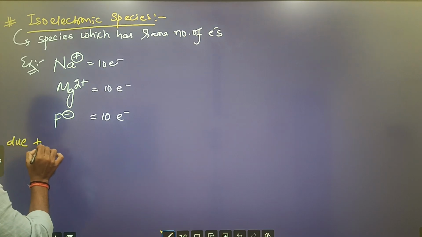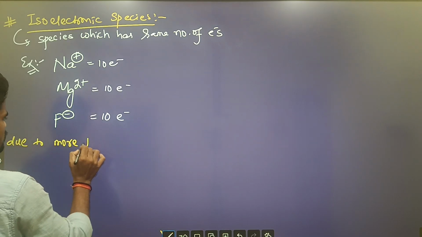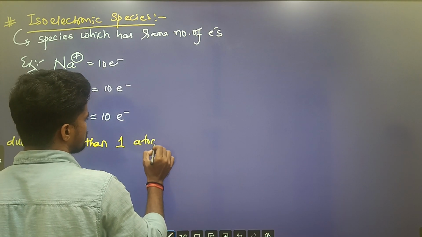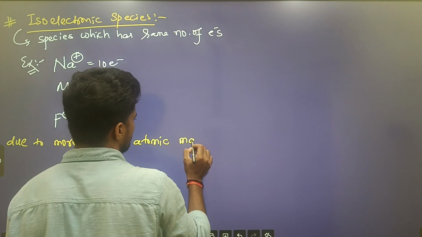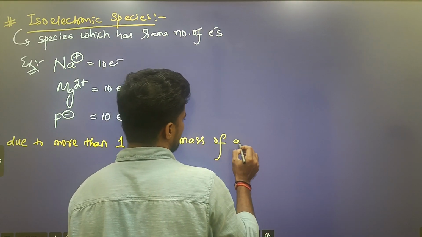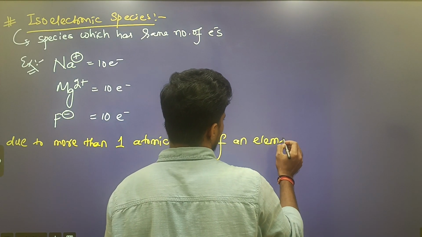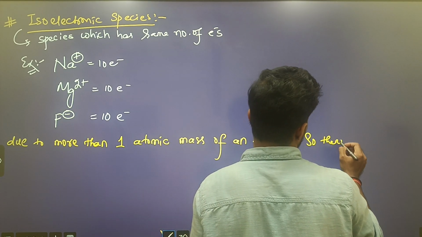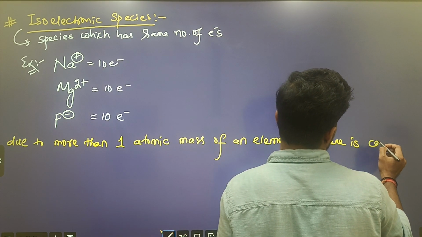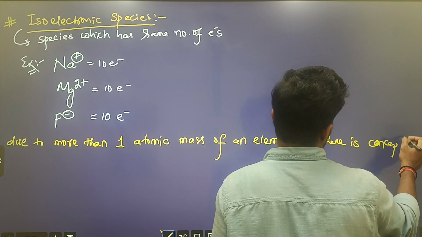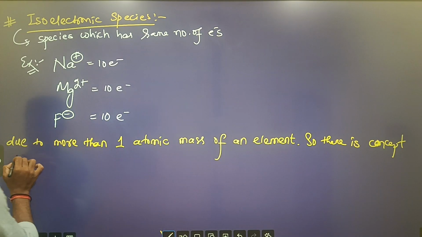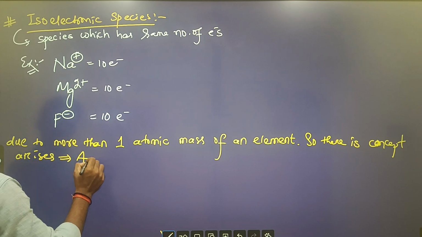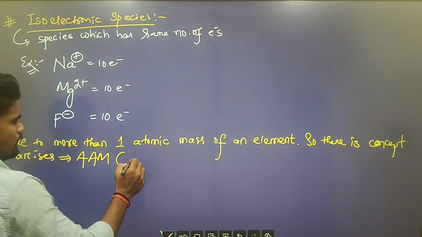Due to more than one atomic mass of an element, a concept arises that is called average atomic mass, AAM.